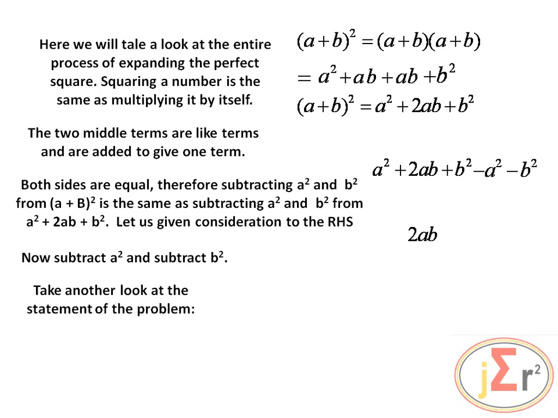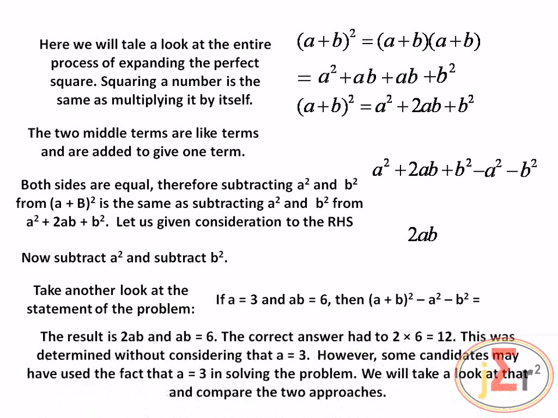Take another look at the statement of the problem. If a is equal to 3 and ab is equal to 6, then (a + b) all squared minus a squared minus b squared is equal to what? The result is 2ab and ab is equal to 6.